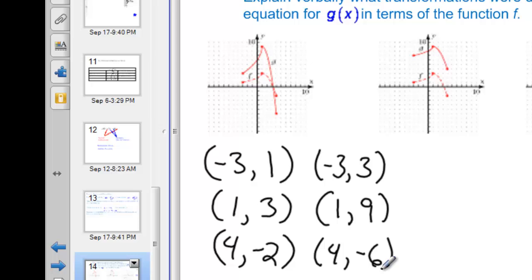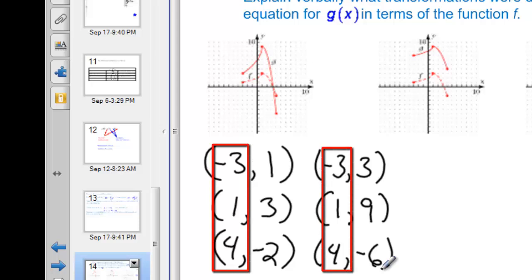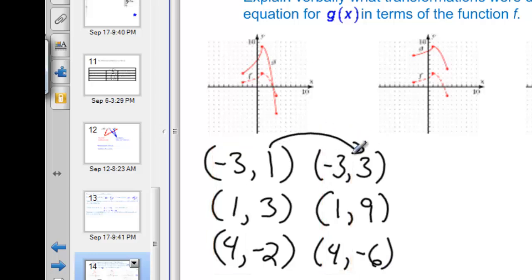Now I look and see what consistent operations allow me to come up with the new values in g. As we can see, the x values haven't changed: -3, -3, 1, 1, and 4, 4. But the y values go from 1 to 3, 3 to 9, and -2 to -6. To make these new values, the consistent operation is multiplying by 3.